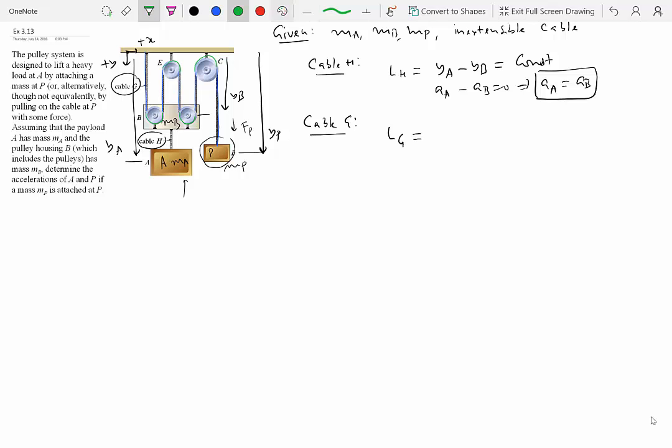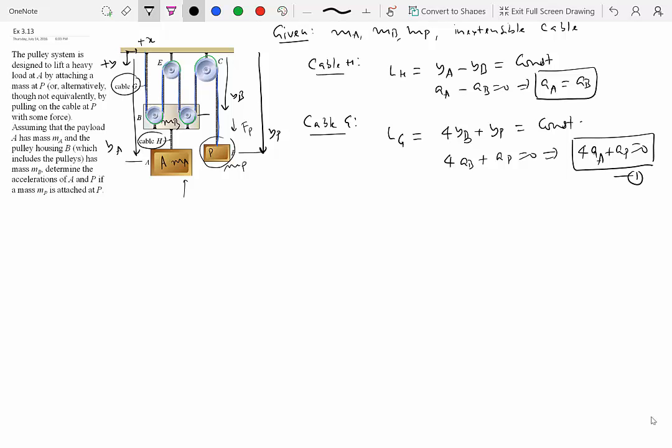So we have 4YB plus YP, and that's constant too. So I can differentiate it, and I will get this. And since AA is same as AB, I can write this as 4AA plus AP equal to 0. The reason I am doing that is because I'm not interested in the acceleration of B, because the question is not asking for it, right?